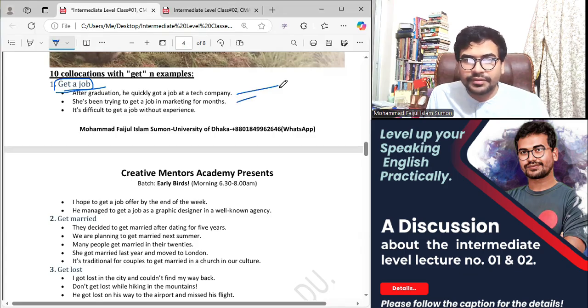Here I've given 5 examples together for each collocation, and I hope you will enjoy and learn from them, because if you see the 5 styles of usage, then obviously you can implement this collocation when you're speaking, right? That is why I have added them here.